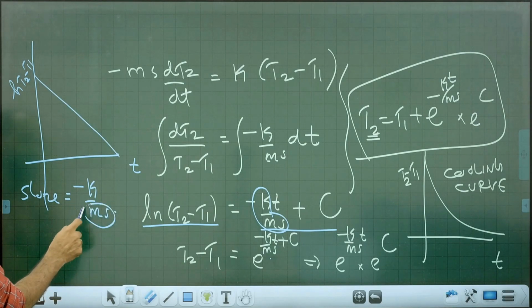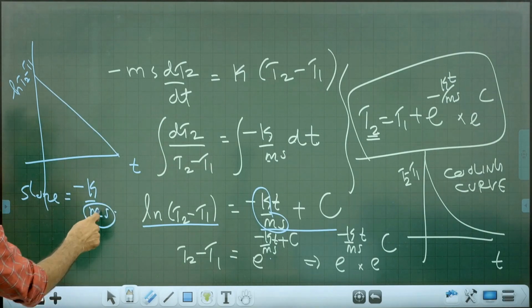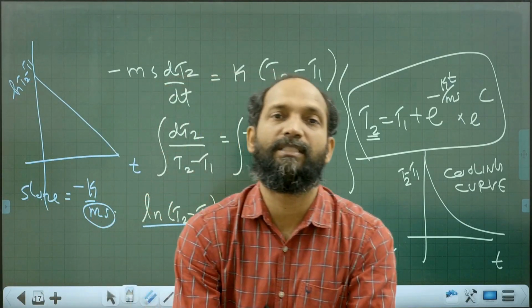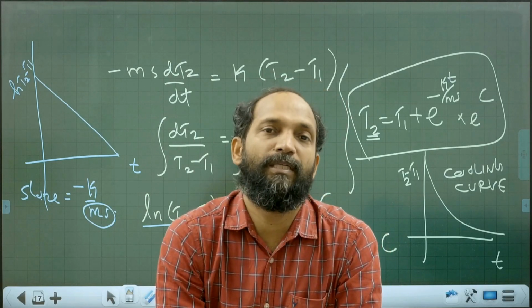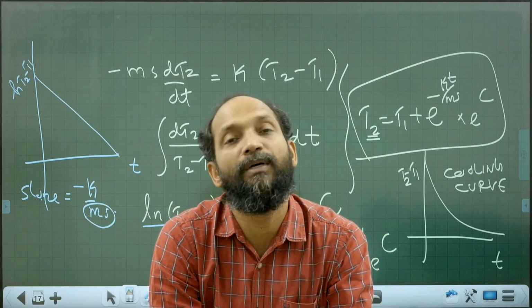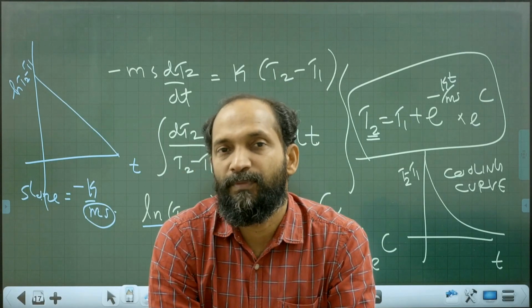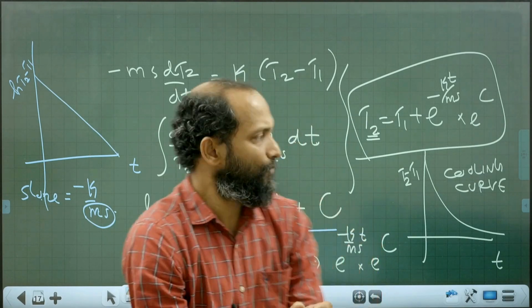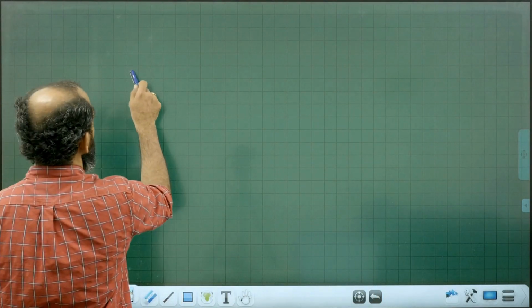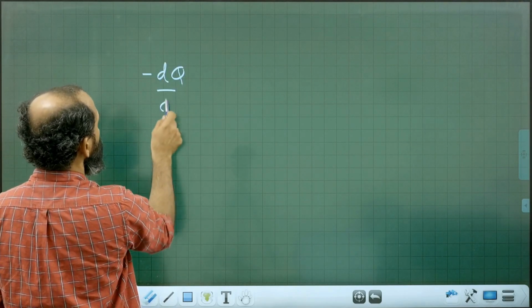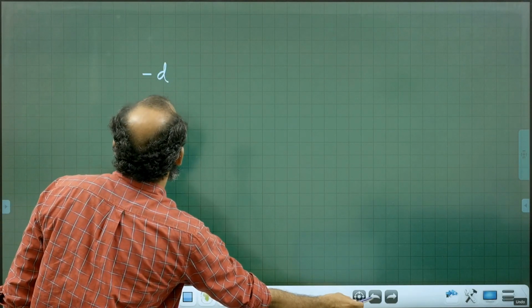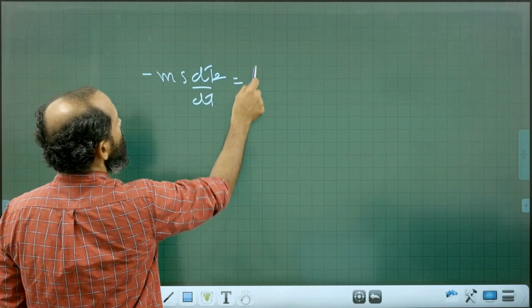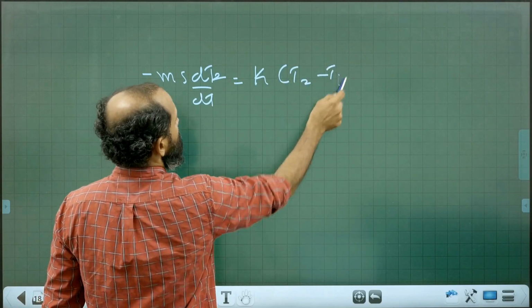Here ms is called heat capacity. The more the heat capacity, the less the slope. So a material having greater heat capacity will have a smaller slope, and a material having smaller heat capacity will have a greater slope. Here, different types of questions are asked. For example, the formula, let me write once again: minus ms dT2 by dt equals K into T2 minus T1.